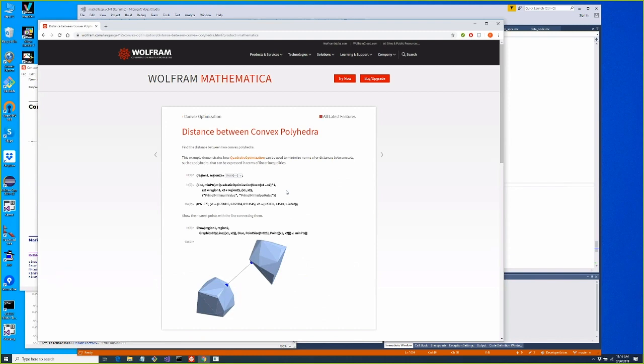Okay, so now we're going on to some newer functions, and this one shows how you might use our quadratic optimization function. So this is quite a simple problem. Suppose you have two convex polyhedra, and these can be represented as mesh regions. A way to generate a convex polyhedron is you can use the polyhedron package, or you can just take a set of points in, say, 3D. 2D would work as well, and there's a function called ConvexHullMesh that'll create a mesh.